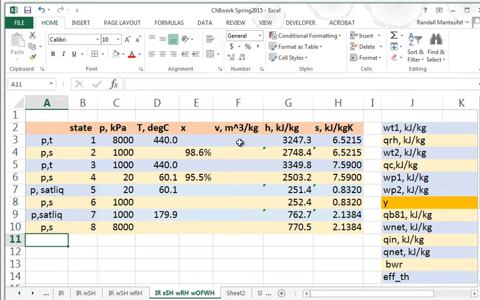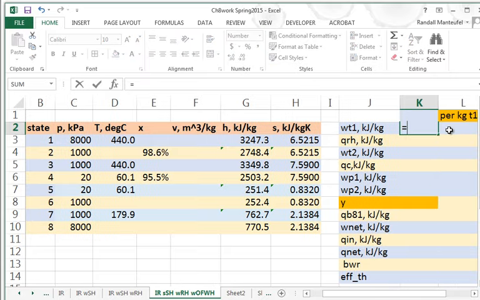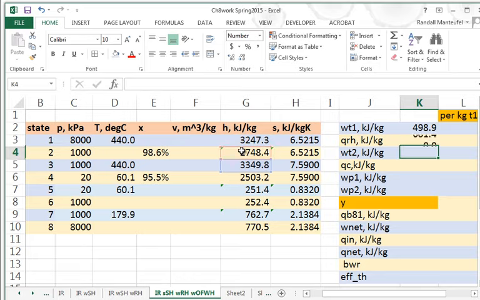I come over here, the work of the turbine, the first turbine, okay? Well, that's going to be H1 minus H2. How about the Q for the reheat? That's going to be H3 minus H2. So that's how many kilojoules per kilogram went for the reheat.